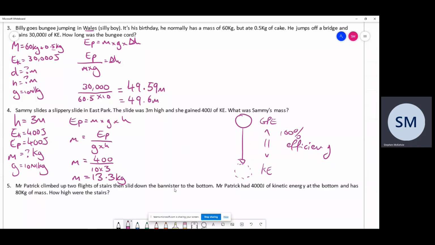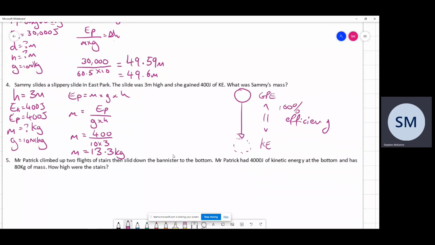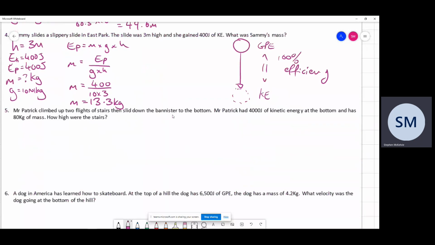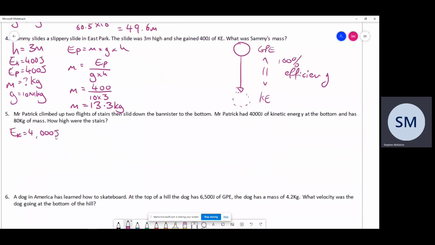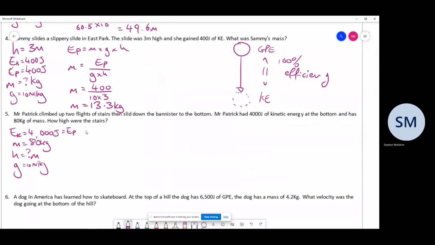Mr. Patrick climbed up 2 flights of stairs and then slid down the banister to the bottom. Mr. Patrick had 4,000 joules of kinetic energy, EK, at the bottom, and has a mass of 80 kilograms. How high were the stairs? Remember, EK is equal to EP because we're assuming 100% efficiency. And gravity is 10 newtons per kilogram. EP equals m times g times h.